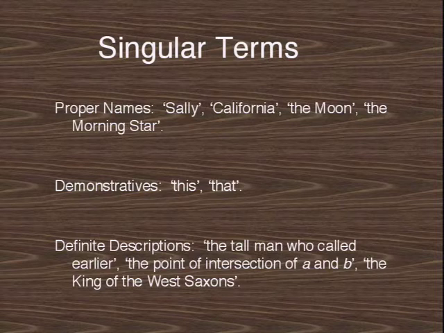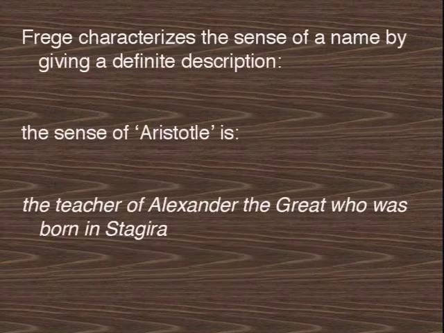Now that's a little bit weird, because these are both singular terms, and we're trying to explain how singular terms work. So he explains how this kind of singular term works by talking about this kind of singular term. He says the sense of Aristotle is the teacher of Alexander the Great, who was born in Stagira.